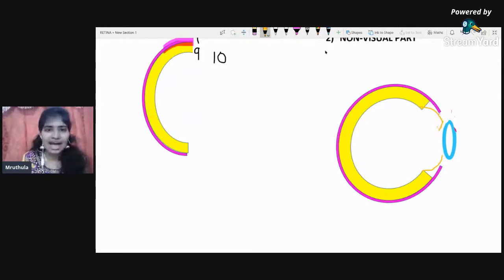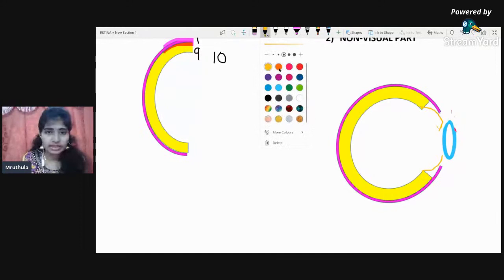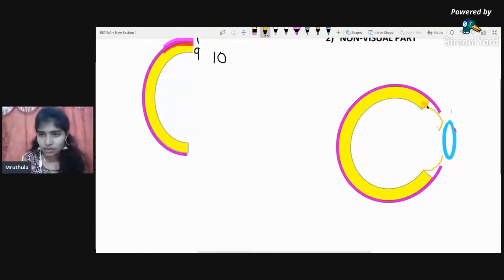Now what happens to the outer pigmented layer? It is the outer pigmented layer which actually continues on the anterior aspect. The posterior lining was very thin, and in the anterior aspect it would even disappear.